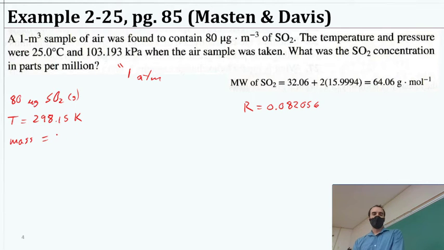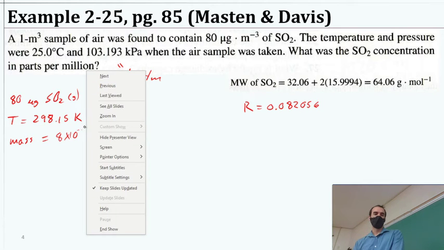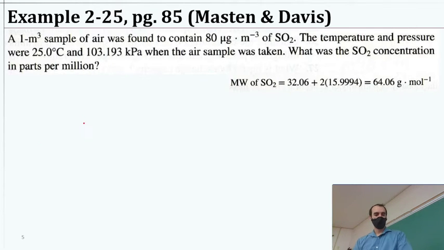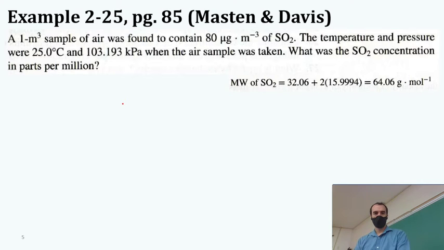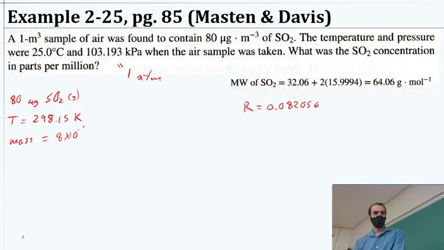So 80 micrograms, so 8 micrograms would be 8 times 10 to the minus 6. So this should be 8 times 10 to the minus 5th grams.